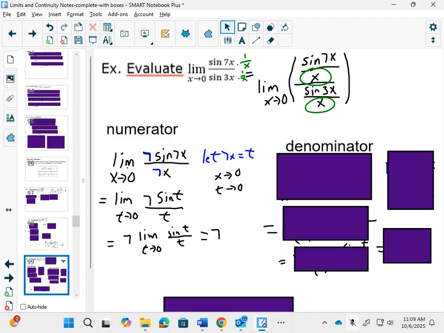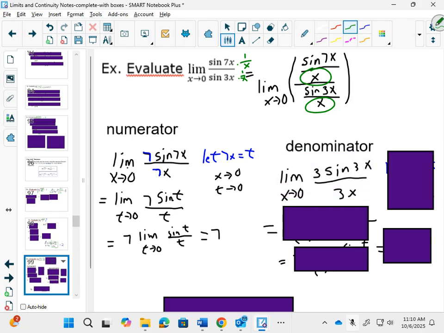Let's look at the same thing with our denominator. I can add a 3 on the bottom, which would mean I would need a 3 on the top. If I do that limit, and again, as x goes to 0, 3x would go to 0. So technically, this is going to be 1. You put the 3 out in front.